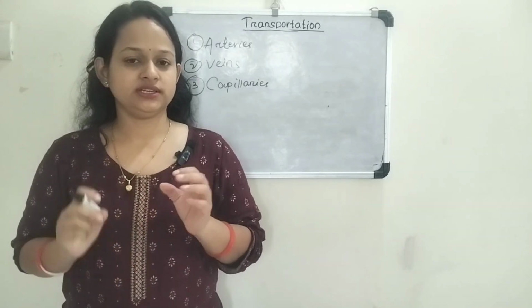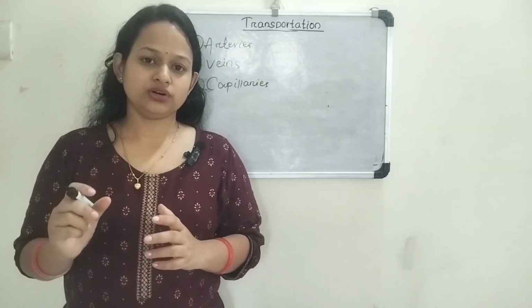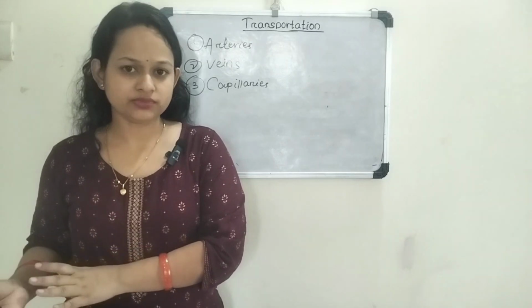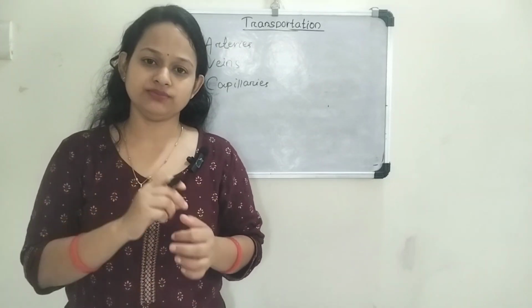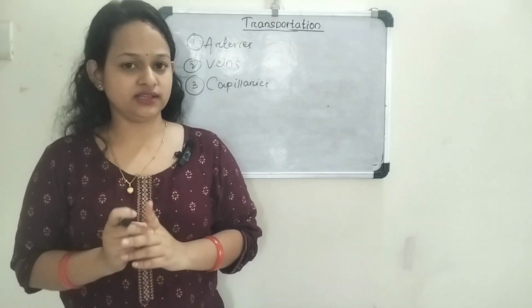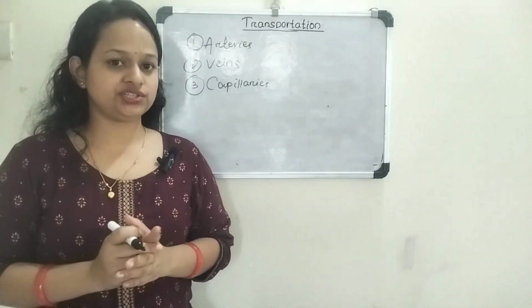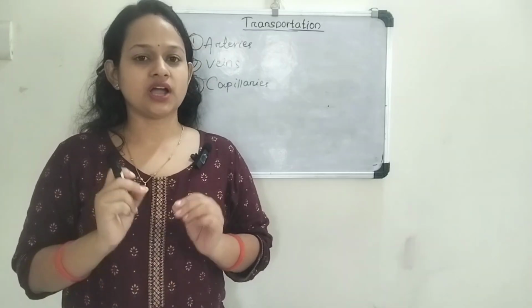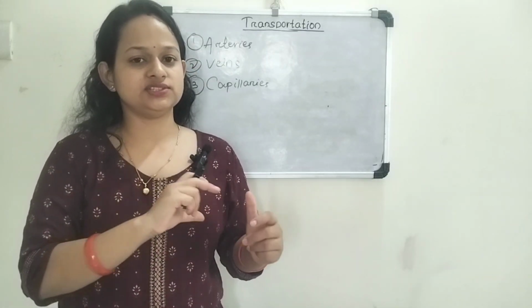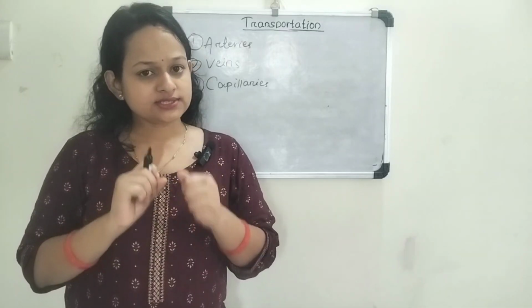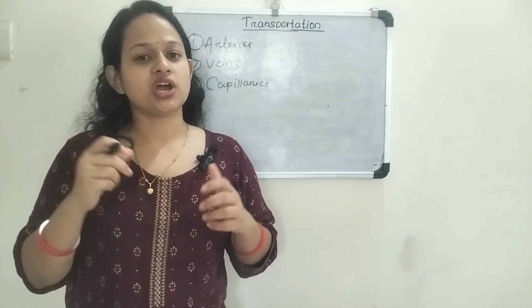Arteries carry blood from the heart to different parts of the body. They are much thicker than veins, deeply seated, and very elastic, as arteries contain oxygenated blood at very high pressure.